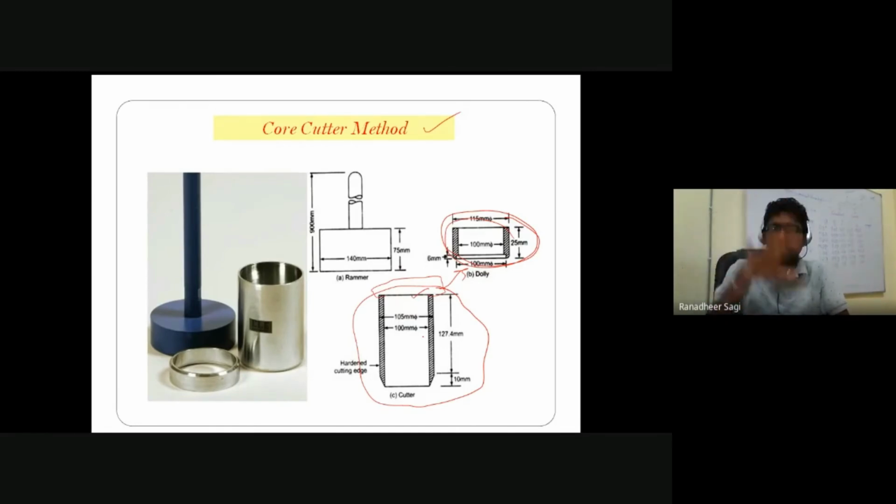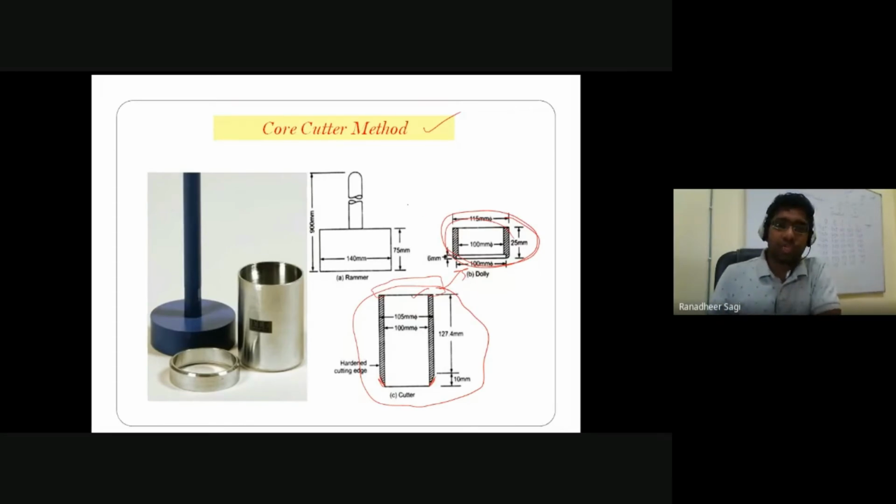If you look at the bottom, the mold has a sharp cross-sectional edge, so that it can easily get pushed into the ground when you apply external loading on top of the mold. In the process, when the mold is pushed inside the ground, the soil in the field enters into that particular mold.